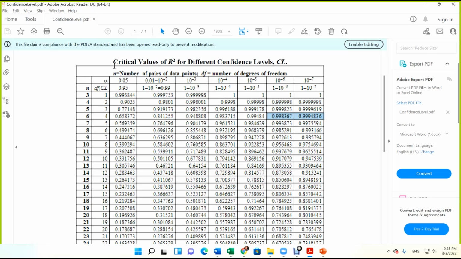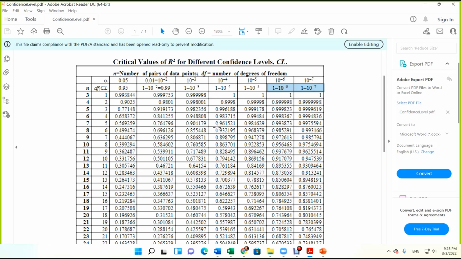And what you have here are the critical values of R square. Okay? So, how do we find the CL min and CL max? They correspond to those two here. This one is CL min, the lower bound of CL. And this one is CL max, the upper bound of CL. So your CL lies somewhere between those two values, anywhere between 1 minus 10 to minus 6 and 1 minus 10 to minus 7.